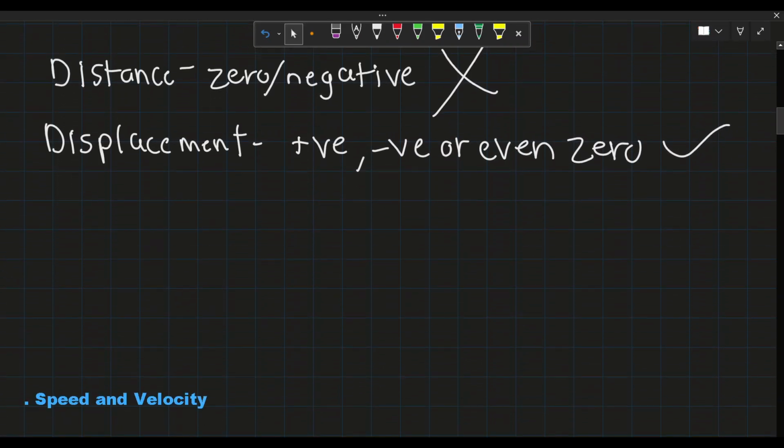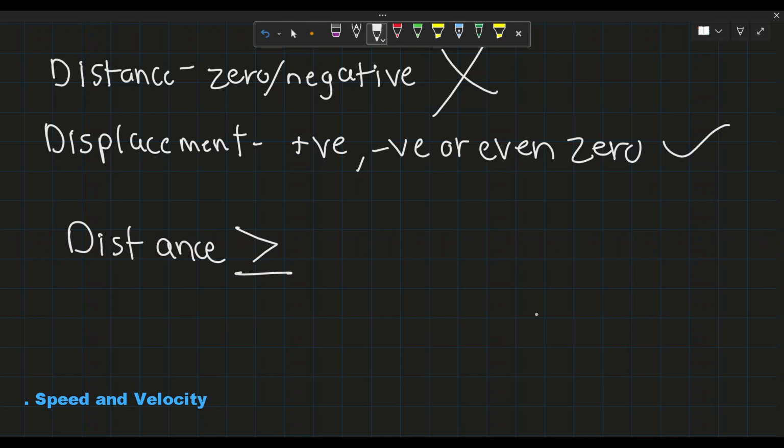And the final thing is that distance will always be greater than or equal to the magnitude of displacement.